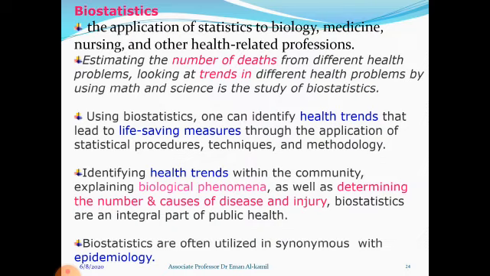So by biostatistics, how can we use the available data to detect the gaps in the healthcare services, and to promote or plan new health services to improve healthcare according to the needs of the population.